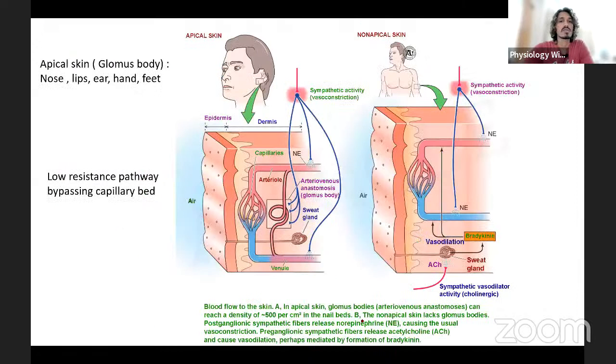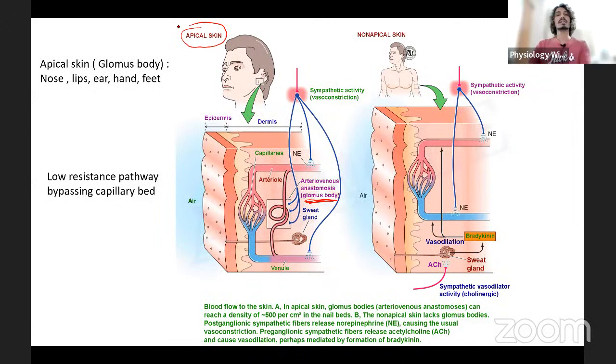One thing I didn't show in the previous diagram is this particular structure that we see here, which is called the glomus body. The glomus body is particularly present in a particular type of skin, which is called apical skin.